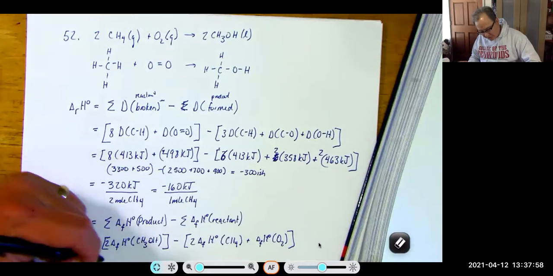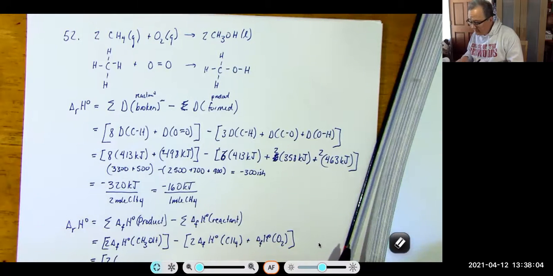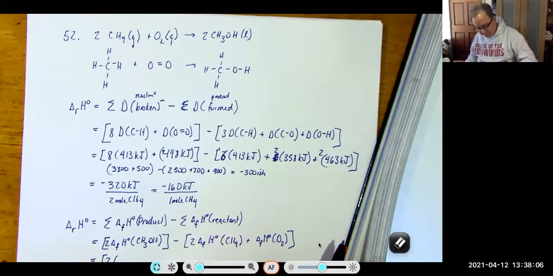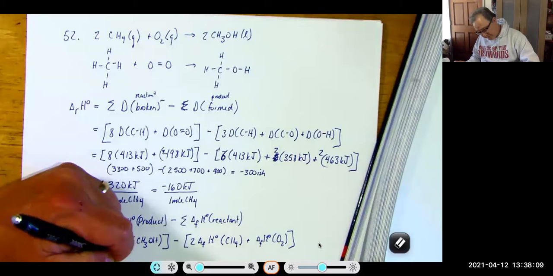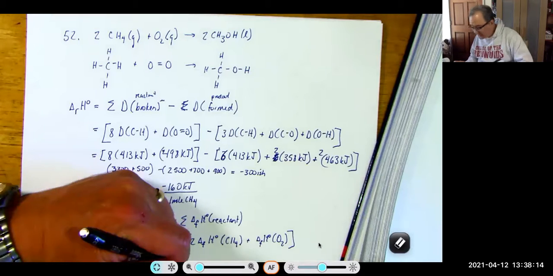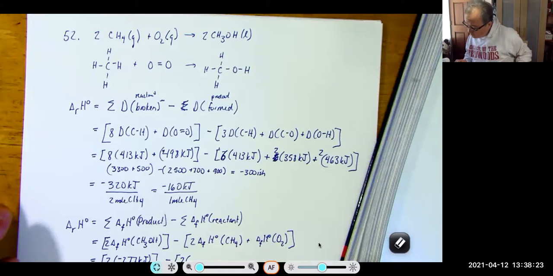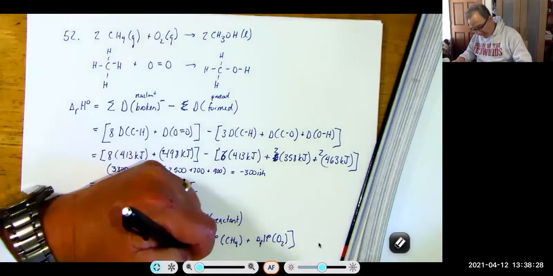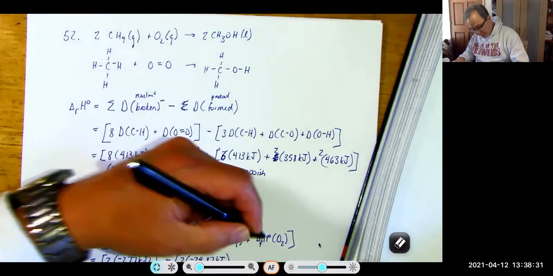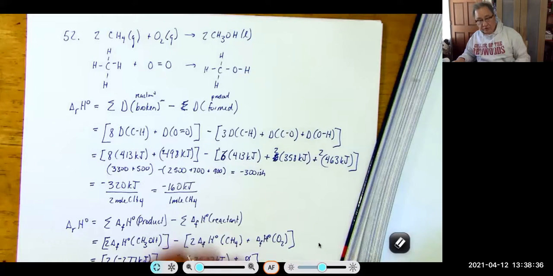So here we had 2 times minus 277, and then 2 times negative 74.87 kilojoules, plus 0, because it takes no energy to make O2 from its standard state.